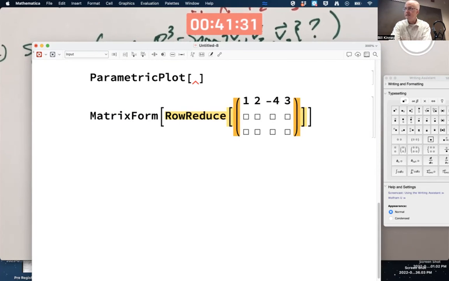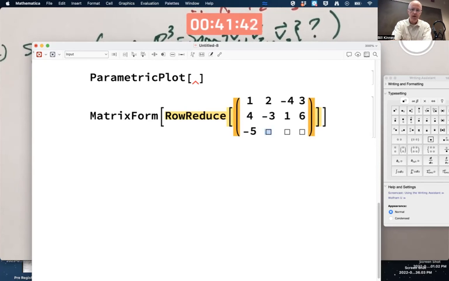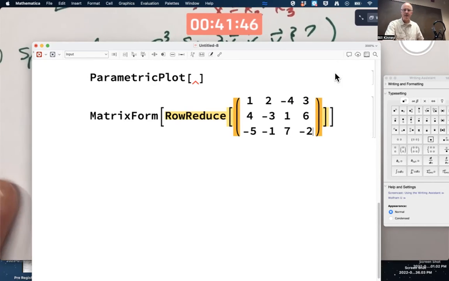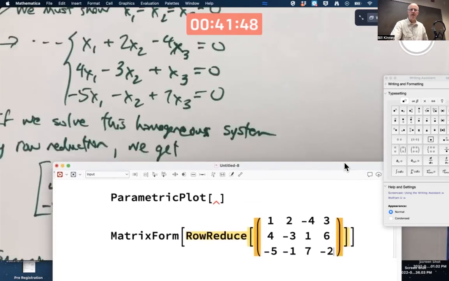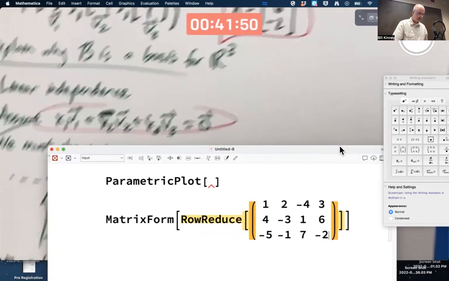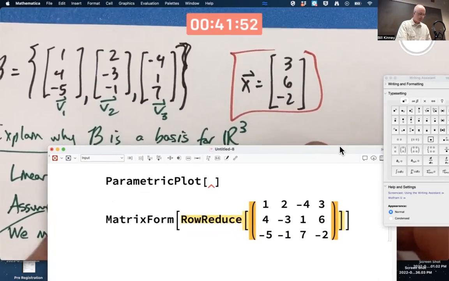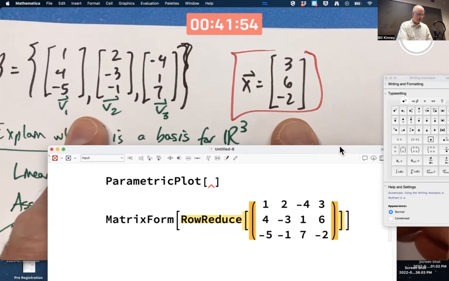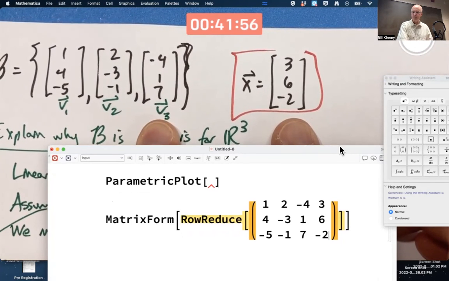My x vector is in the augmented part to the right of the dashed line when you draw it by hand. I typed all that. I was comparing it to the original problem here. V1, V2, and V3 are the first three columns. Make sure I type everything right.